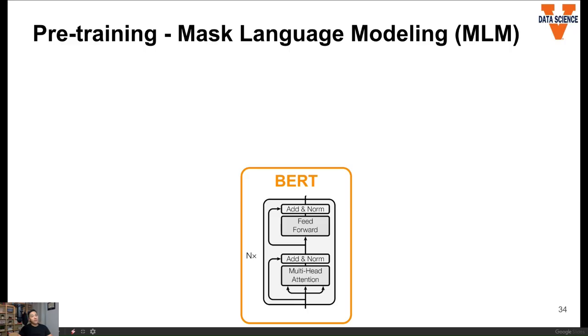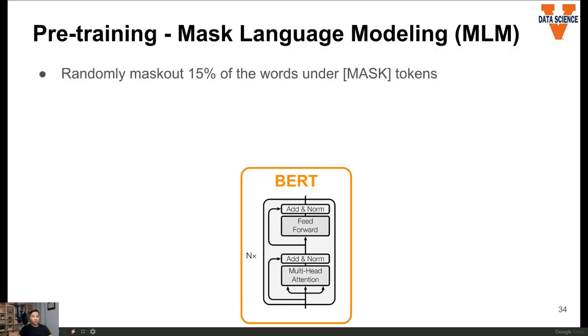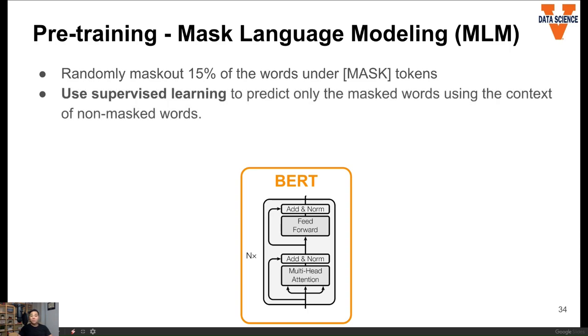All right, so there are two things that BERT is trying to learn during the pre-training process. Number one is masked language modeling, or MLM. So what happens is that it's going to mask out 15% of the words under some mask token, and then use supervised learning to predict only the masked words using the context of the non-masked words.